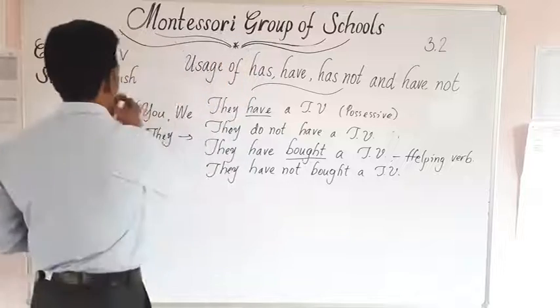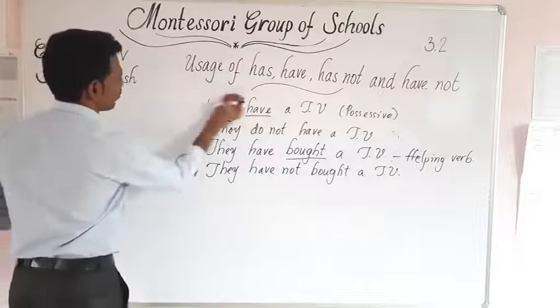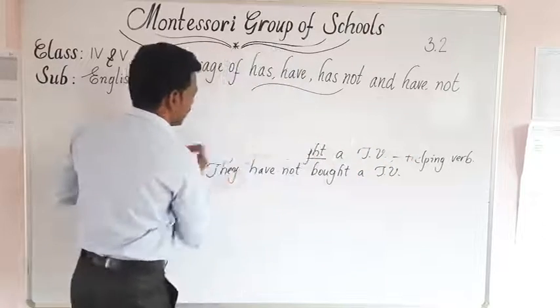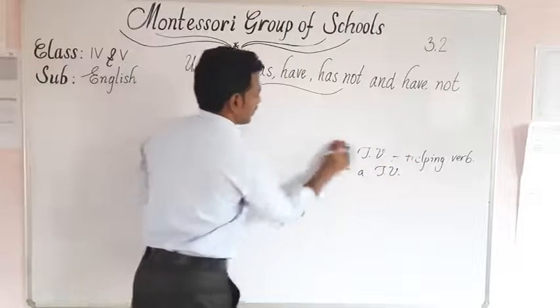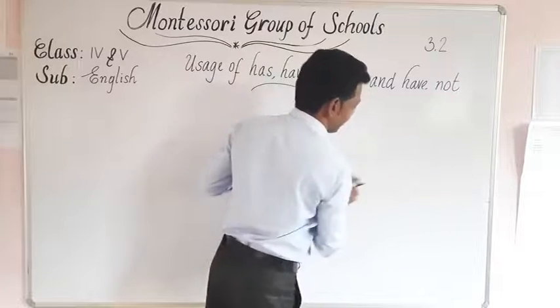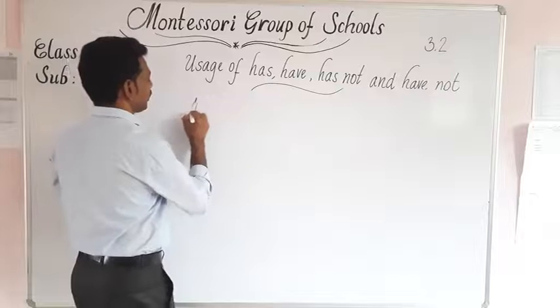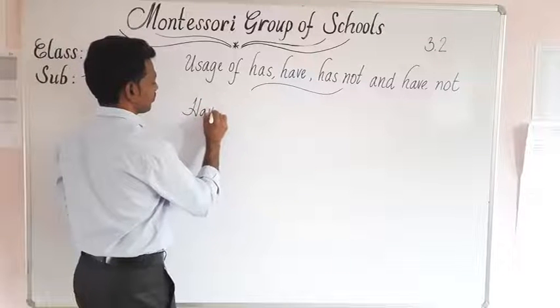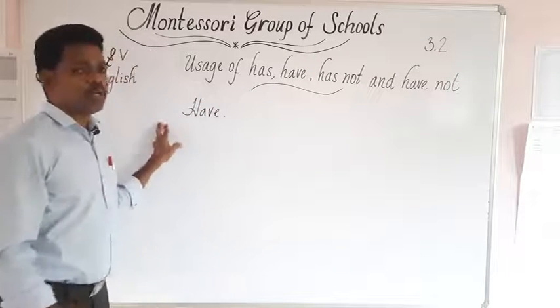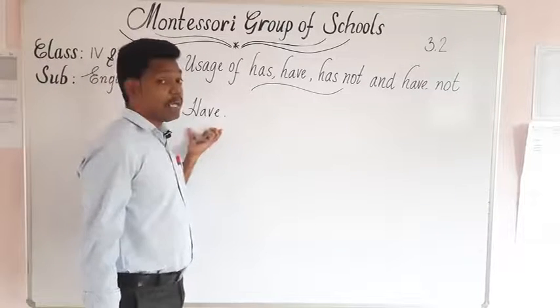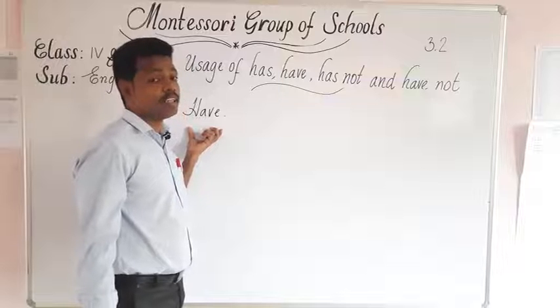Okay. Now, let's talk about the interrogative sentence, the sentence which asks questions. Now, we have to make sentences with has and have. So, let's start with have. How do you make an interrogative sentence with have?